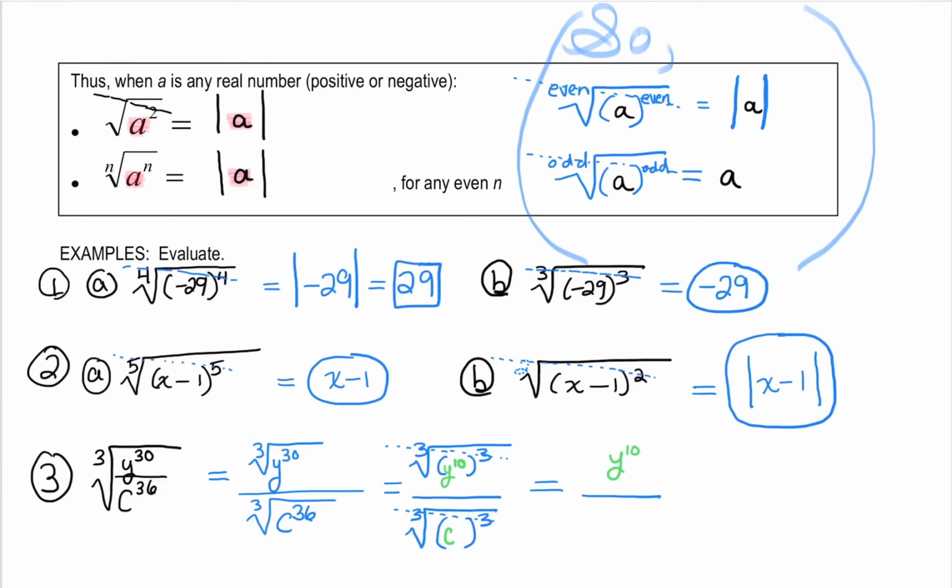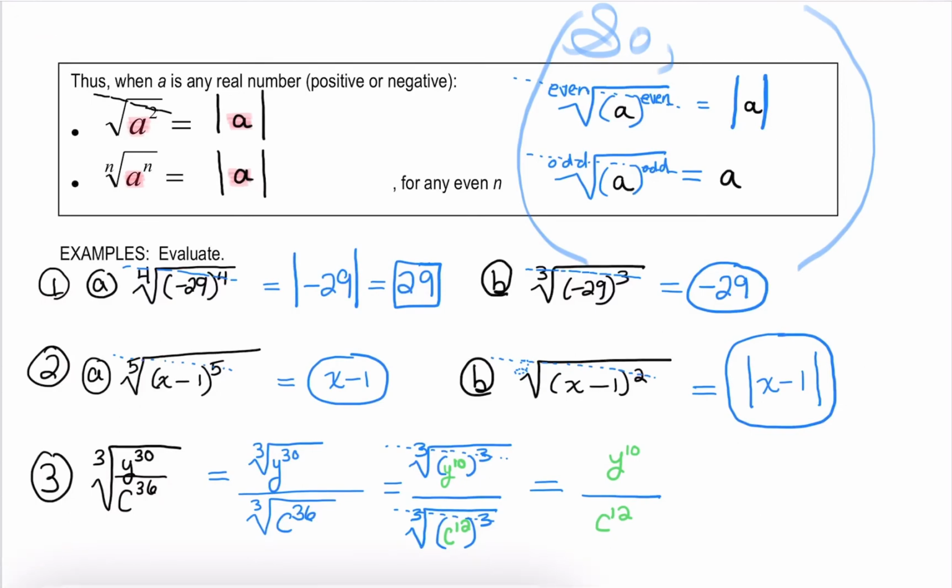Again, powers to powers we multiply, so that's going to be c to the 12th, because 12 times 3 gets us back to c to the 36th. Now the cube root of something cubed is just that something, so we get our c to the 12th. Do I need absolute value bars? Again, no, because we have 3 here, which is odd.